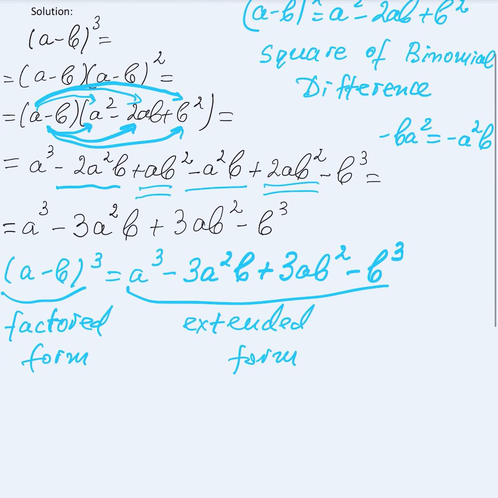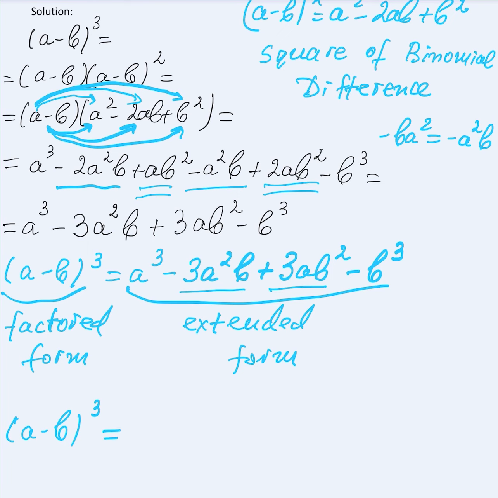This formula can also be written in a slightly different format by taking a common factor from the middle two terms, 3a^2b and 3ab^2, and putting it in front of parentheses. So, what do I mean?